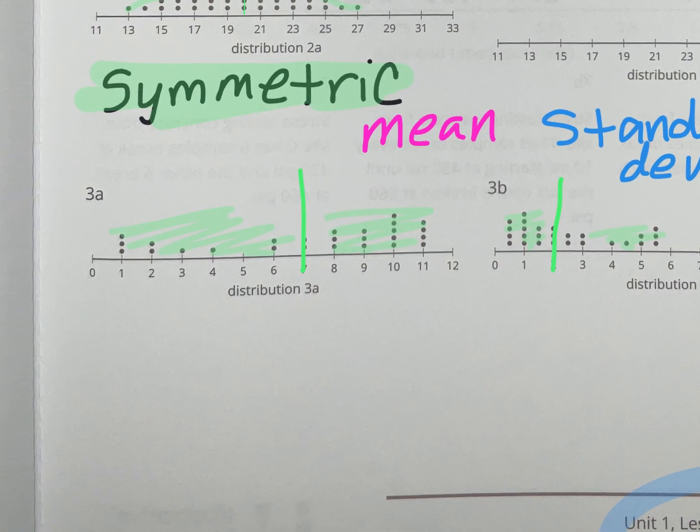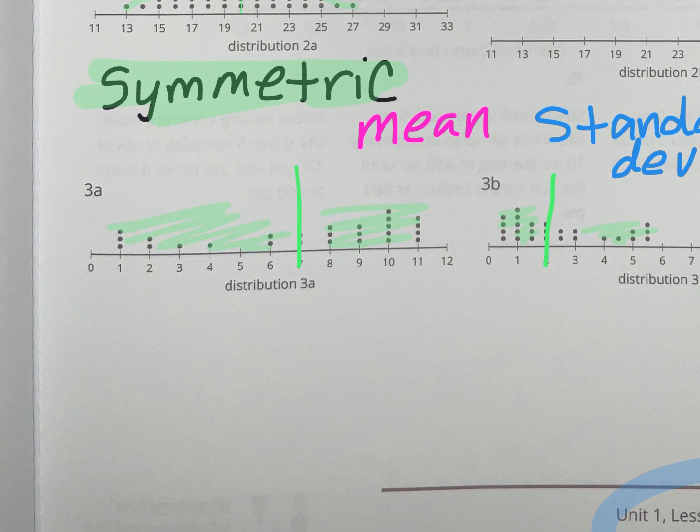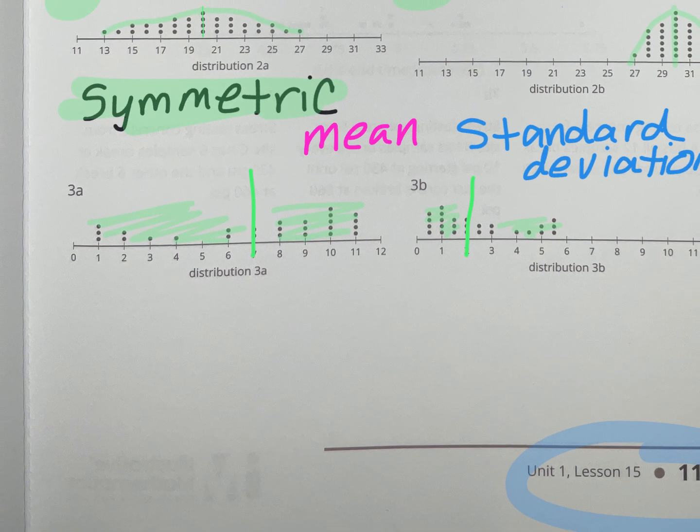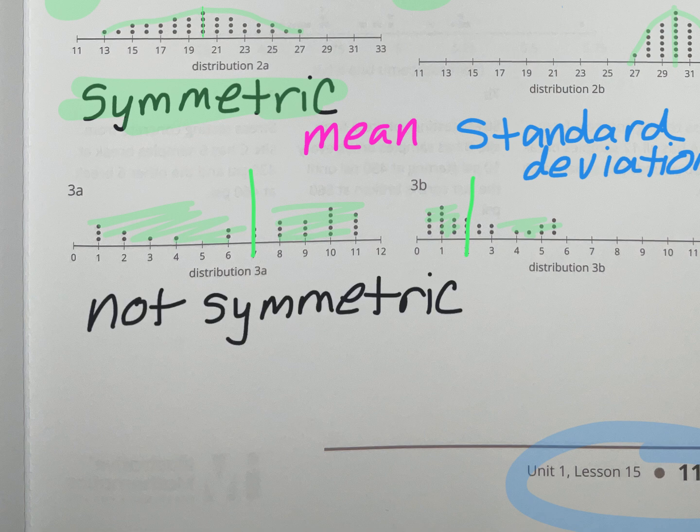Okay, what we have here is most of your data is here, but then you have these data points that are skewing because they don't quite fit in. So for our data points for number 3, they are not symmetric.